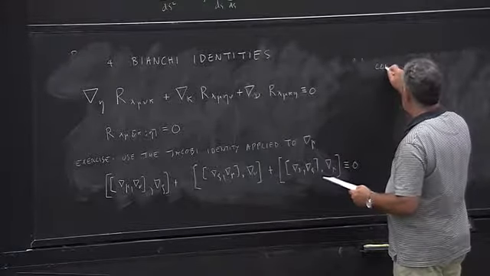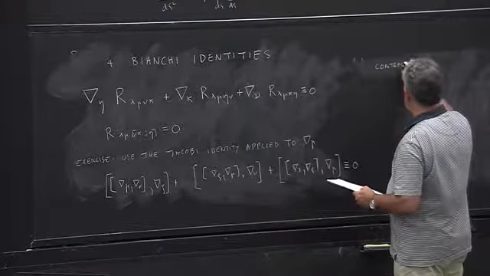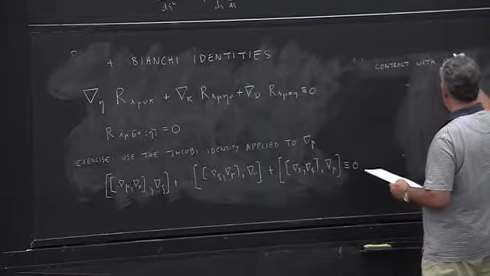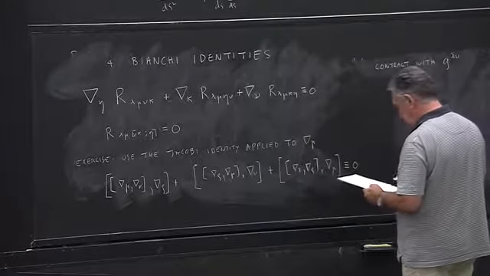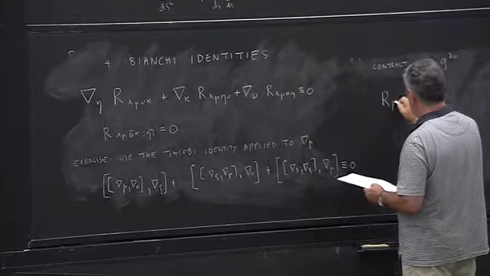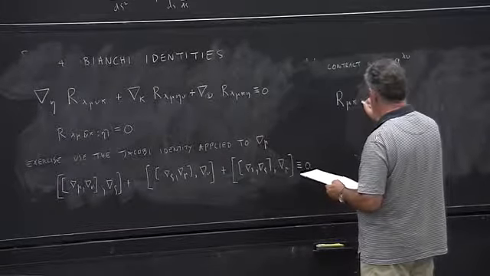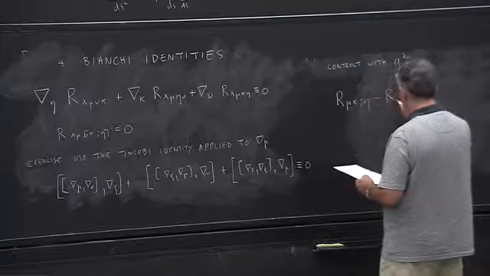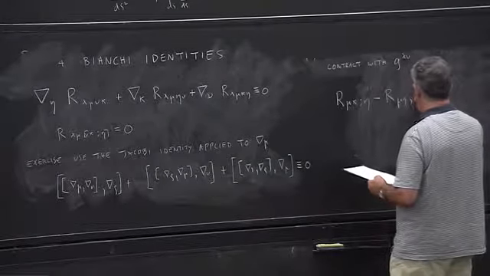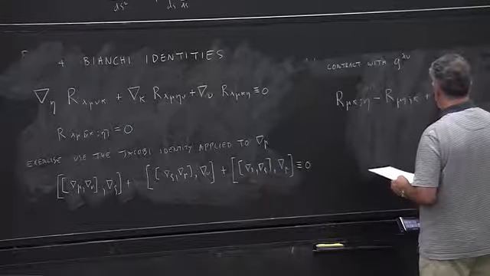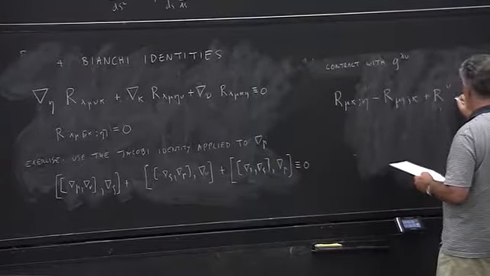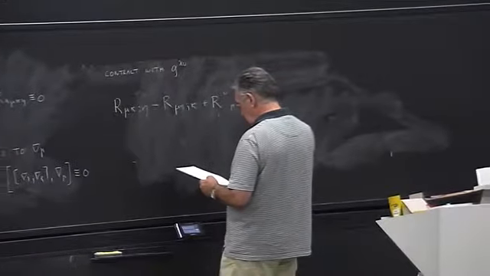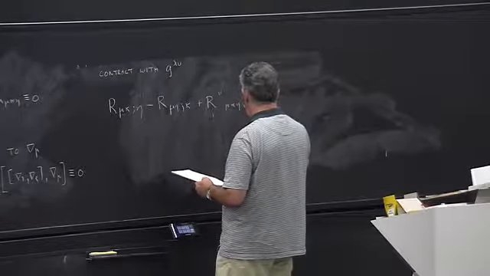We can contract with g lambda nu, and we get R mu kappa semicolon eta minus R mu eta semicolon kappa plus R nu mu kappa eta semicolon nu equals 0.